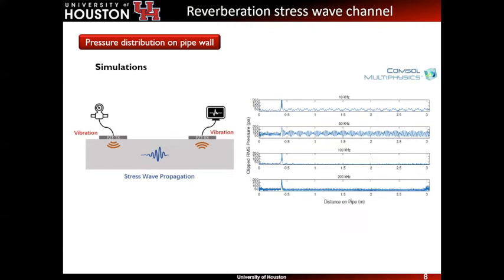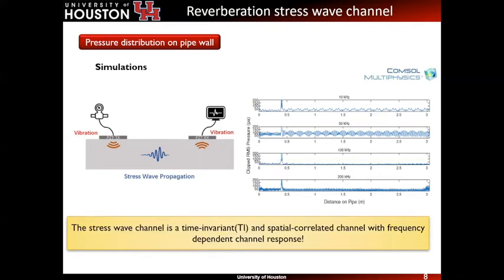It also shows a spatial correlation. We also find that the channel response at each fixed point doesn't change over time. So as a result, we can say the stress wave channel is a time invariant and spatially correlated channel with a frequency-dependent channel response.